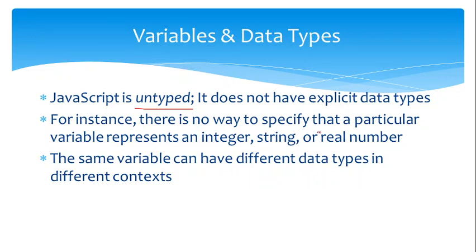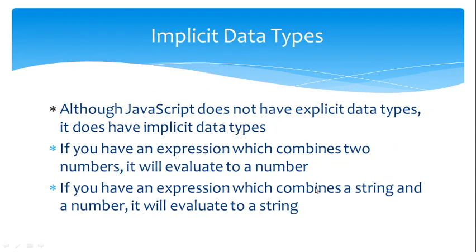There is no way to specify that a particular variable represents an integer, string or real number. The same variable can be different data type in different context. Okay, we will use variable with different data type in a different context. So this is variable and data type.